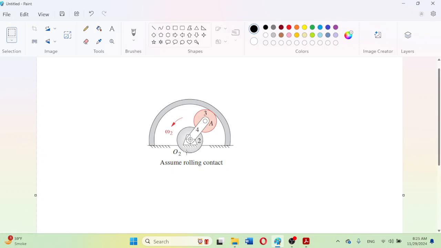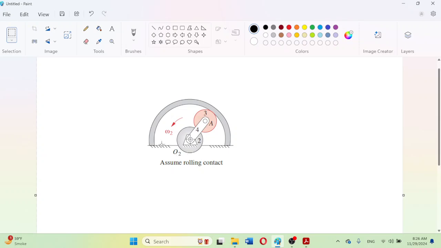As we can observe here, all pin joints are permanent instant centers, so first of all we determine the permanent instant centers. So here at point O2, at this pin, there are 3 links: link number 4, link number 2 and link number 1, which is the grounded link, not shown here.